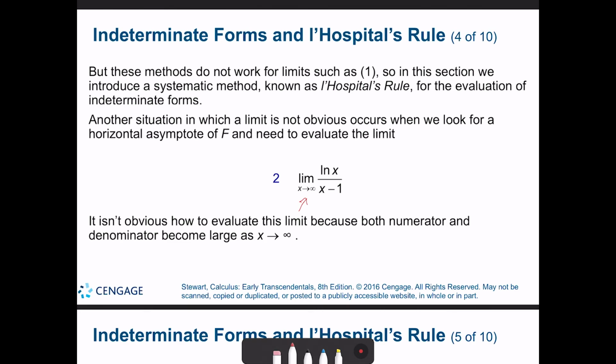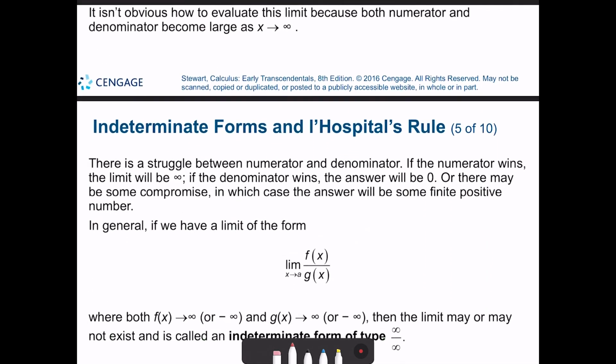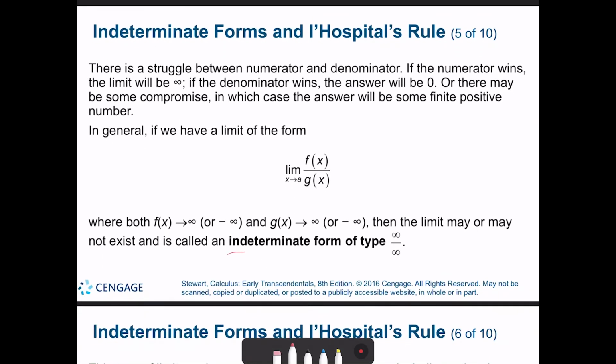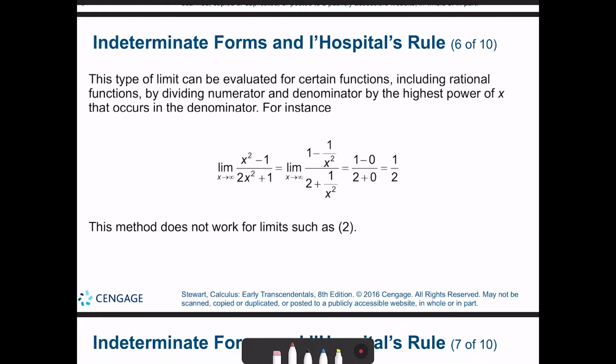And what we end up with is a numerator and denominator that are both trending toward positive infinity, which is another indeterminate form of type infinity divided by infinity, or if you had negative infinity in the denominator or negative infinity in the numerator, you're still looking at a problem. A big problem, maybe a problem that you're not familiar with or haven't ever seen before or don't know how to solve.